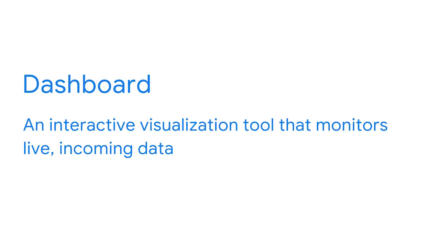The best ones are clear, memorable, and highlight the specific places you went, the important sites you visited, and the interesting experiences you had. BI professionals use data visualizations within dashboards, our final stop on the ride. As you may know, a dashboard is an interactive visualization tool that monitors live incoming data.